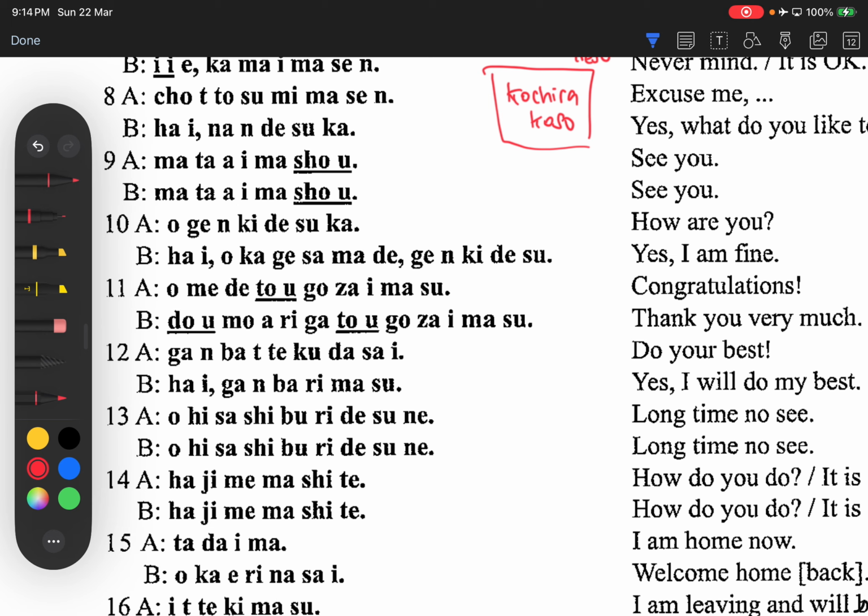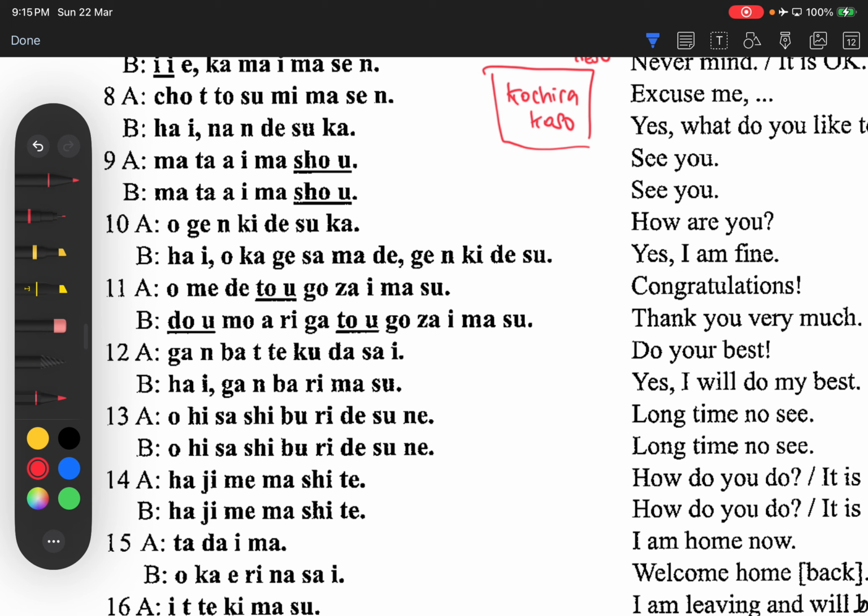Okay, next we have 10b. When we reply, we cannot just say hai genki desu. When we say that, I know you're answering the question, yes, I'm good. But in Japanese, we need to humble ourselves. So a way of humbling ourselves is we add this line called okage-sama de.